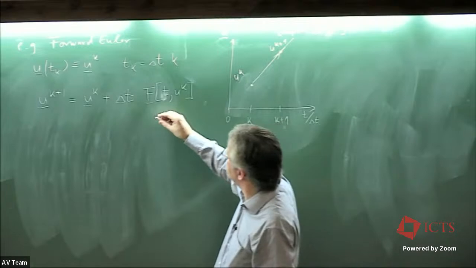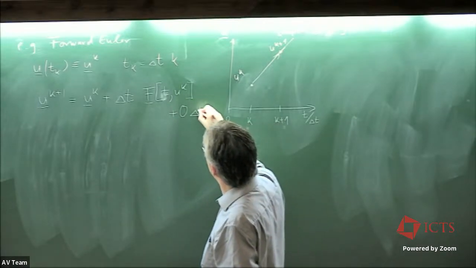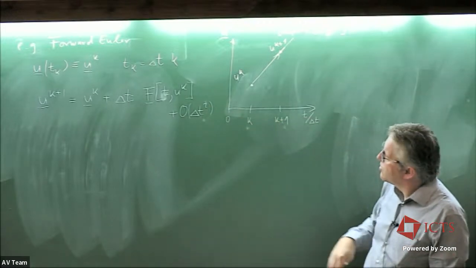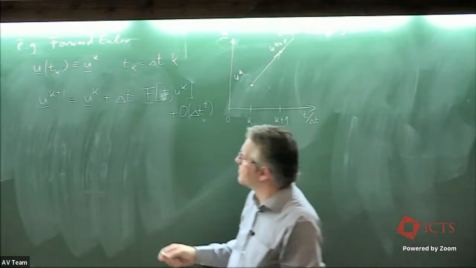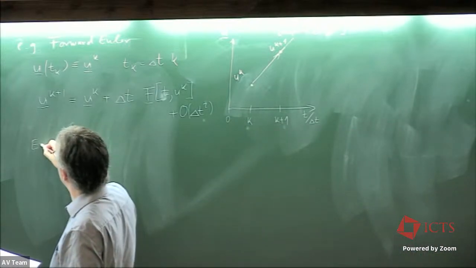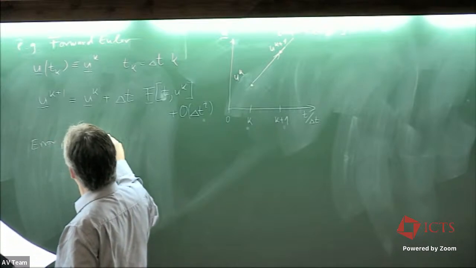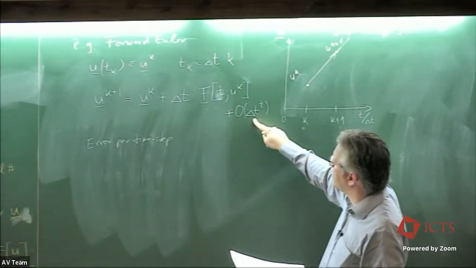So what we're actually missing here is the second order in t contribution. So in each time step, we are going to end up with an error that is going to be order delta t squared.